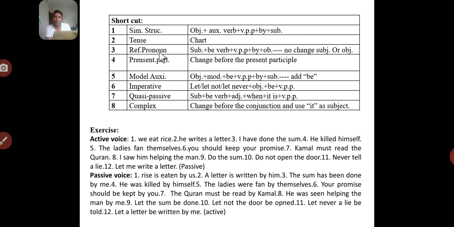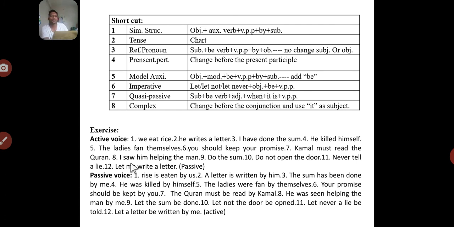For the reflexive pronoun, just use it, no change of subject or object. For the present participle, just remember to change before the present participle. For a modal auxiliary verb, just remember we will add just be. And for imperative, we have to remember the full structure.